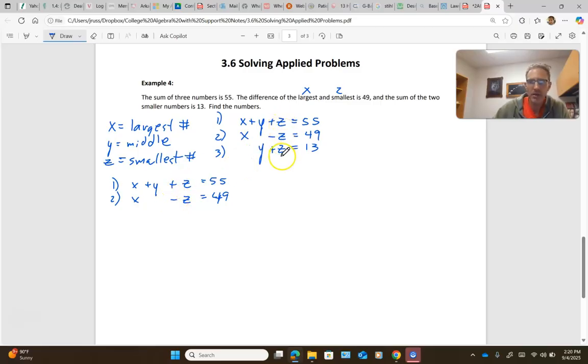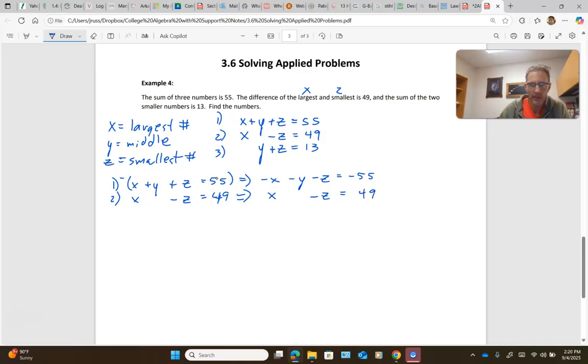Because remember, Z is in all three of these. You may easily cancel them here, but then you're going to have to turn around and combine 1 and 3 to cancel the Z's. So I'm still going for my X's. But I need them to be opposites. Okay, so I'm going to multiply my top equation by -1, or just negative, however you want to look at it. And that'll just change the signs of all these terms. Okay, and I'm going to keep equation 2 as written.